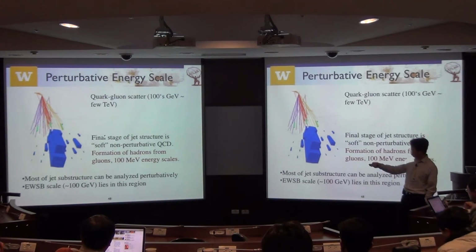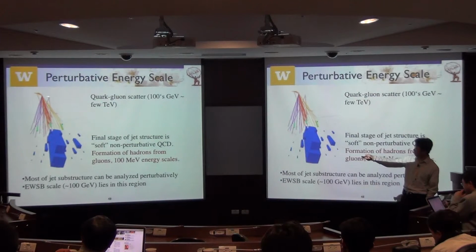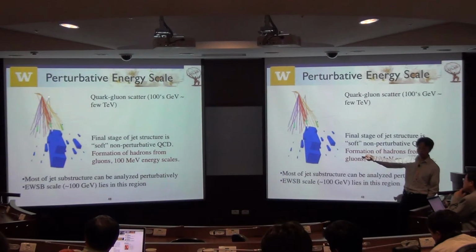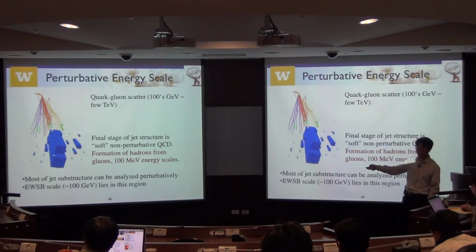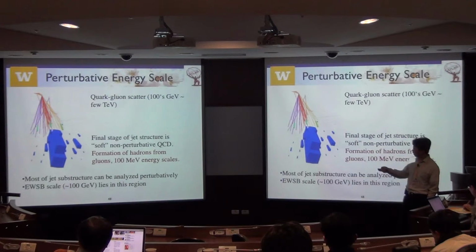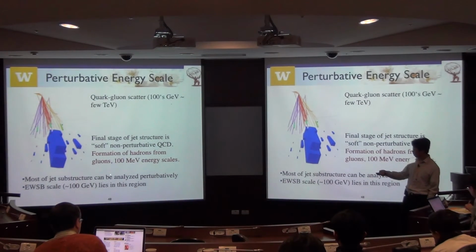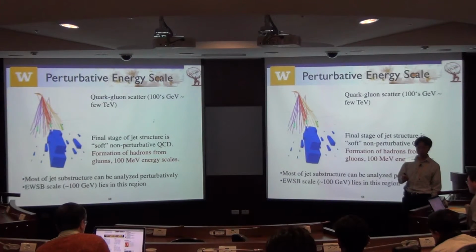Sorry, I put the wording a little bit misleadingly. I'm talking about all of these happening right here. So that's the QCD scale. Then they just fly, showering in the calorimeter. Because of this scale, the structure of the jet can be analyzed perturbatively.